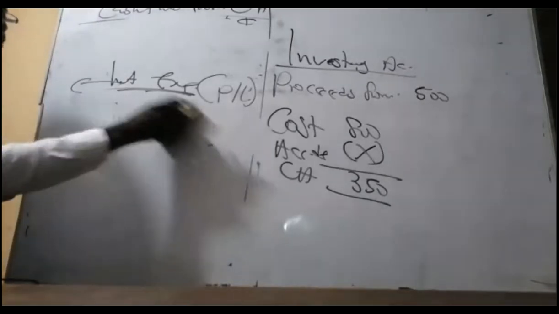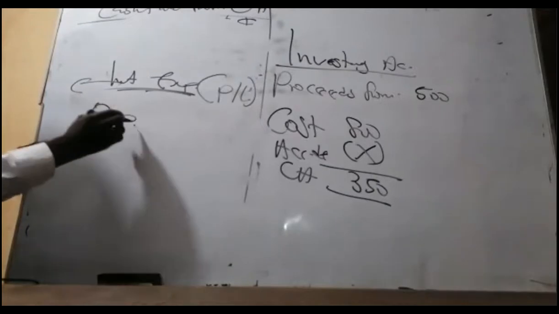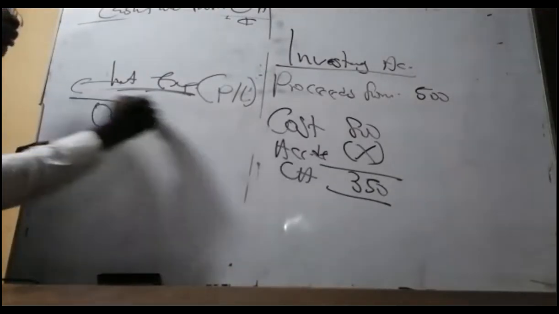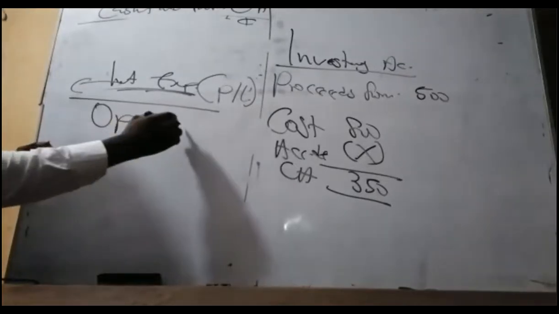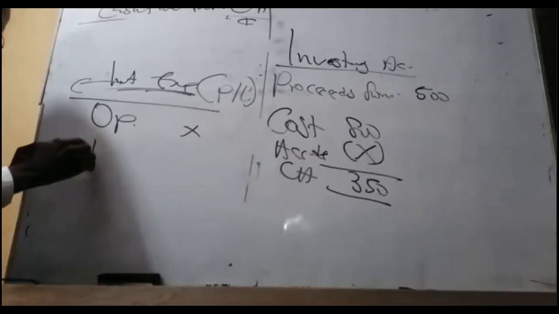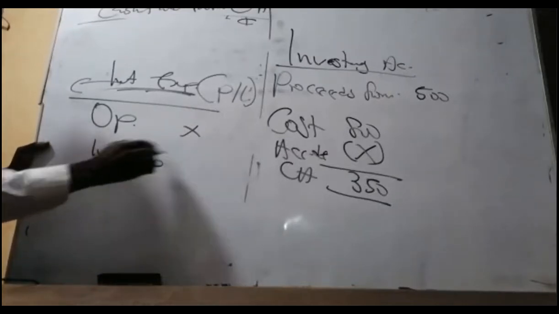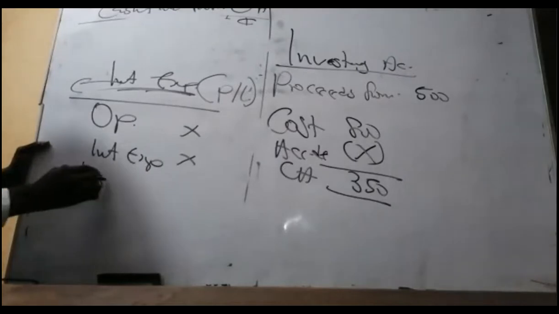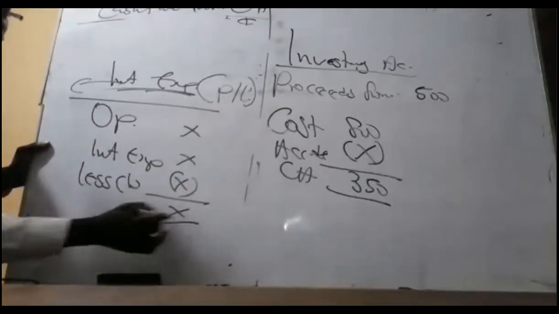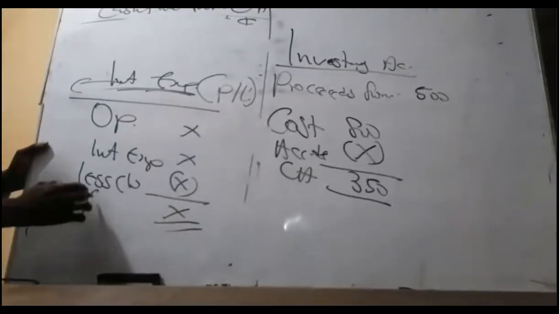How do you get interest paid? We said that anytime you look for something paid or something received, the open balance will be a liability. So check the current liabilities and locate it. Interest paid will be open balance, add the interest expense to it, less the closing balance, and you are done. So this becomes the interest paid.